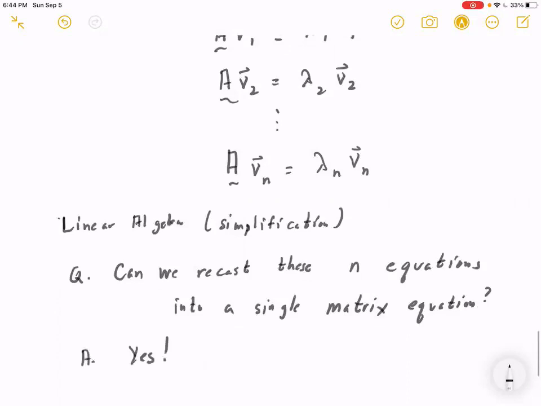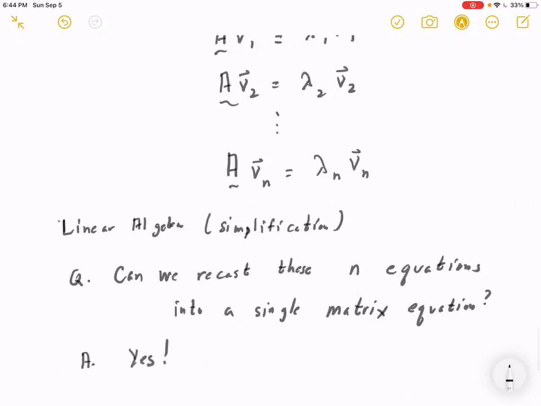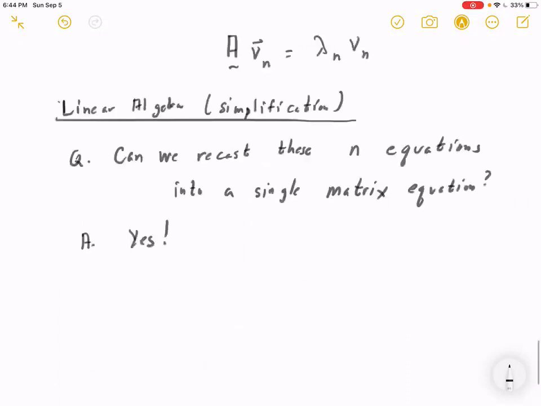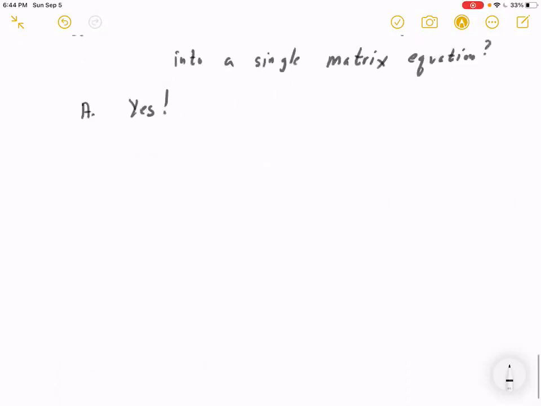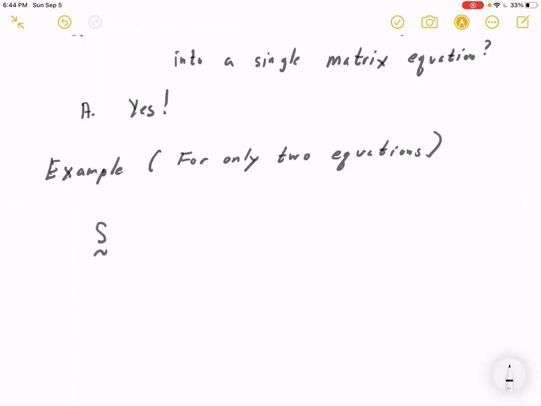It's worth the time to stop, sit back, and see how that's going to work. We will do this as an example, and we'll do it only for two equations, with the idea that if you want to generalize this to three equations, 7, 39, or n, it's pretty straightforward to do. But as I've always said throughout the course, if you can see what happens for square matrices of order 2 or order 3, it's easier to generalize that to square matrices of order n.